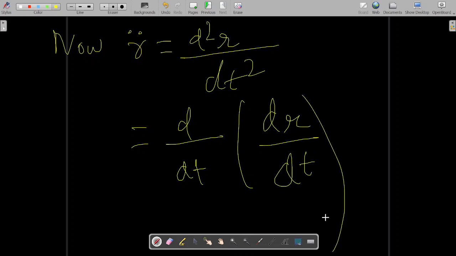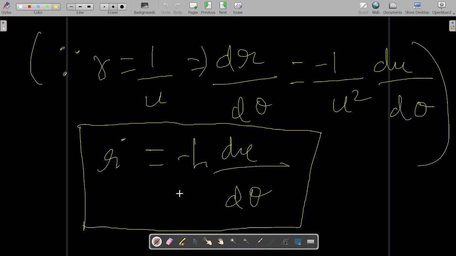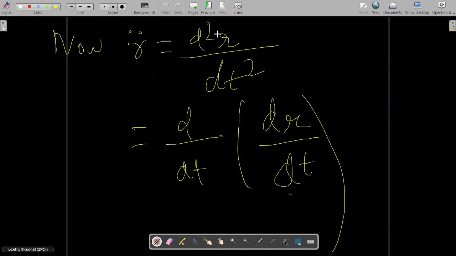And the dr by dt value we have already got, in terms of differentiation with respect to theta. So we will substitute that value over here. So after we substitute that value, what do we get? We get d by dt.